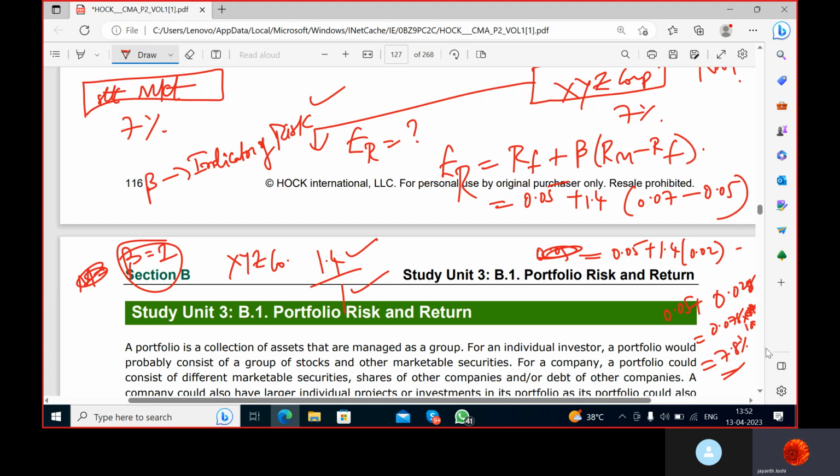This is 0.05 plus 1.4 into 0.02. Now I will give you some task, but you have to use your calculator. I am giving you the same data, but I am changing beta to 0.8 and 1.6. You have to put these in, find out and tell me the returns fast.